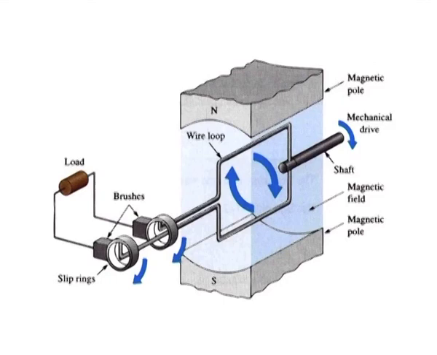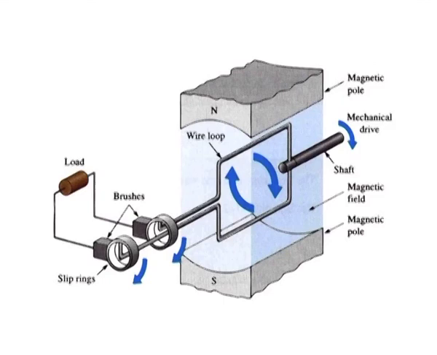A mechanical drive such as a motor turns the shaft to which the wire loop is connected. As the wire loop rotates in the magnetic field between the north and south poles, the slip rings also rotate and rub against the brushes that connect the loop to an external load.